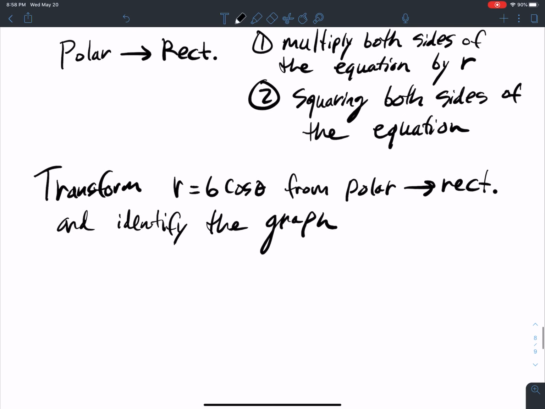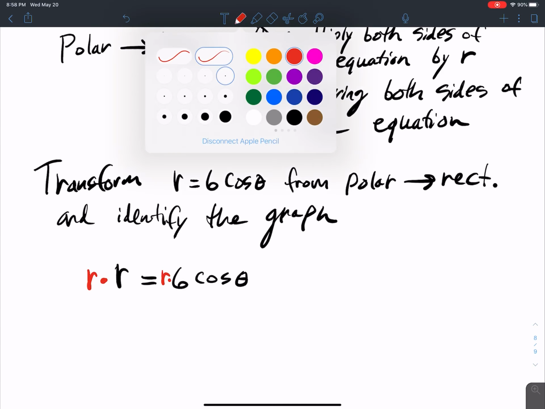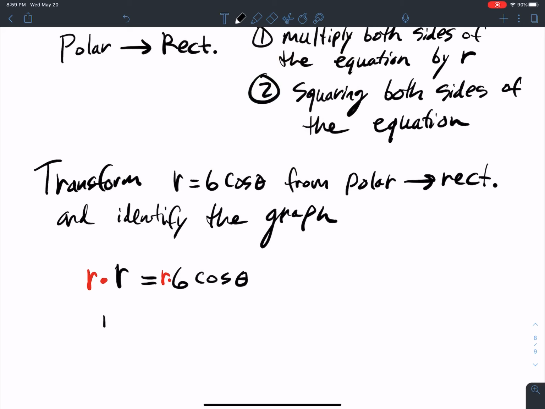All right. So first thing I'm going to do is take r equals 6 cosine theta and multiply both sides by r. When I do this, I get r squared equals 6 r cosine theta.